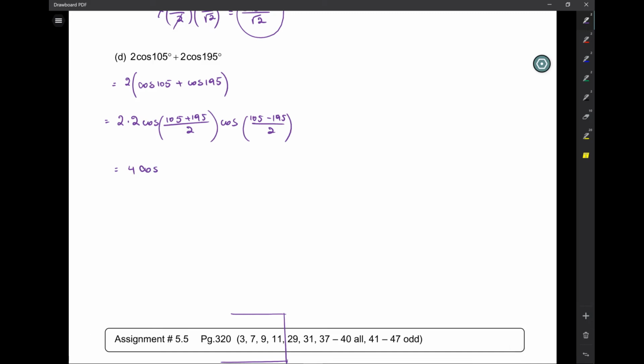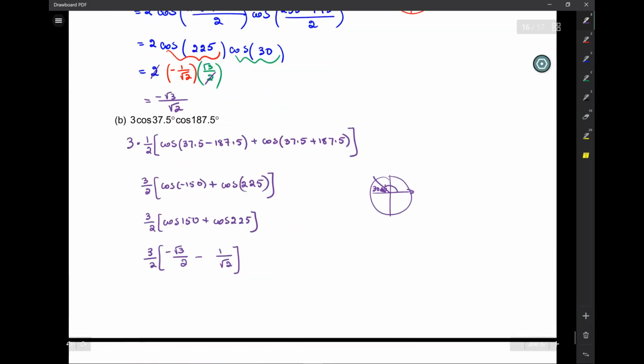You add the 5, that's 200, 300. 300 over 2 is 150, times cosine of 105 minus 195. They're 90 apart from each other, so negative 90. Over 2, negative 45. Again, with that negative, what happens? Cosine engulfs it. So I have 4 cosine 150.